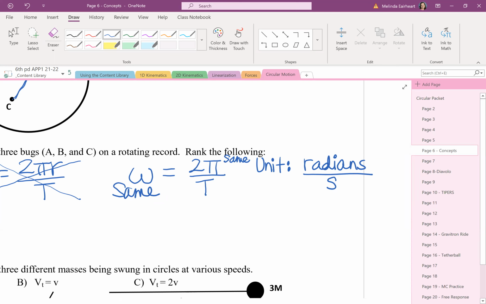Who has a greater period? Neither. So our answer to the first question is same, all equal. Period is all the same. Or you could say A equals B equals C, however, if that makes you feel better. All same. Good there? Okay.